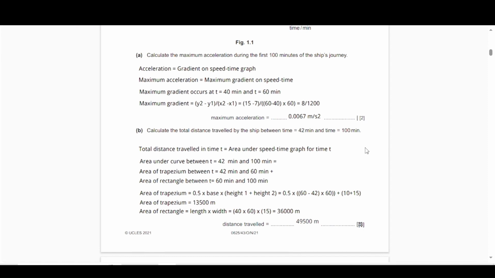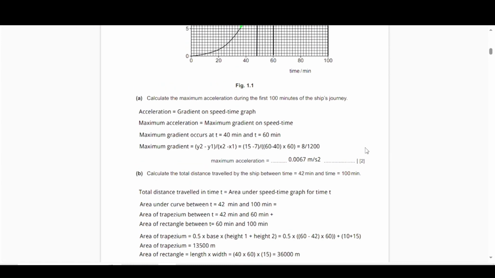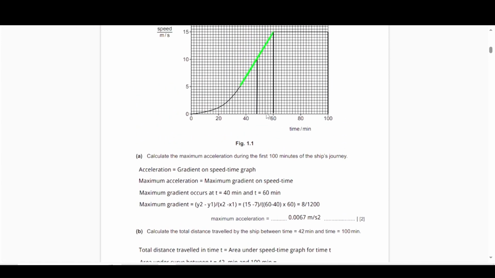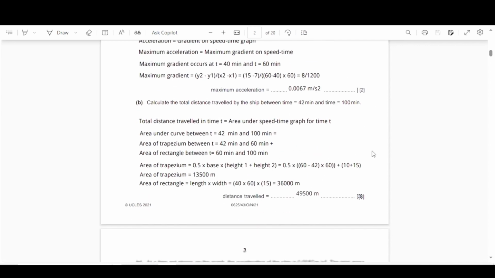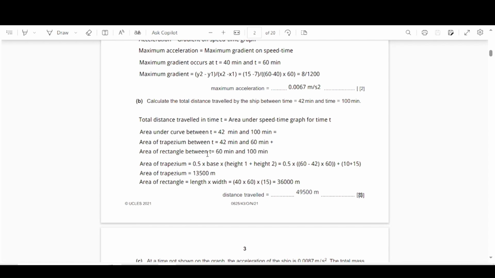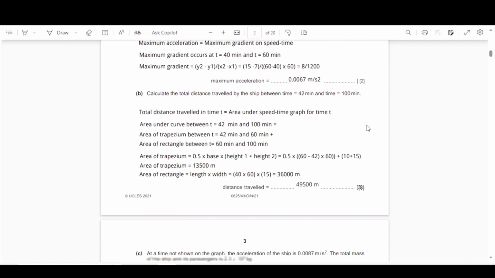The area under the curve between t equals 42 minutes and t equals 100 minutes can be split into the area of a trapezium, between the 42nd minute, which is around here, and the 60th minute, and then a rectangle between the 60th and the 100th minute. So it's going to be the area of those two, which are written out. And the area of the trapezium is half times base times the sum of the heights. And I have basically done that here.